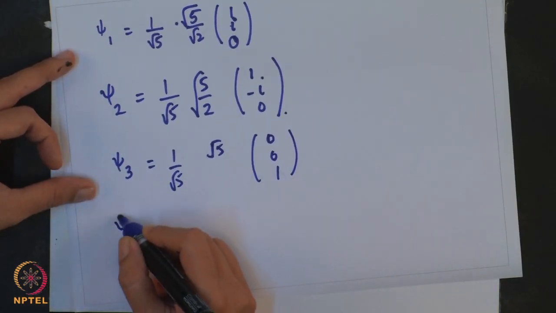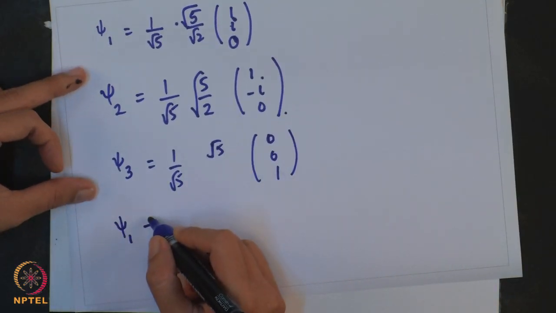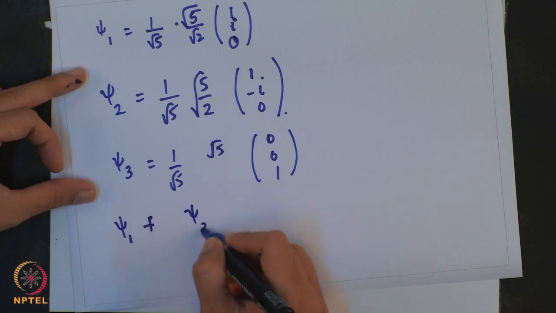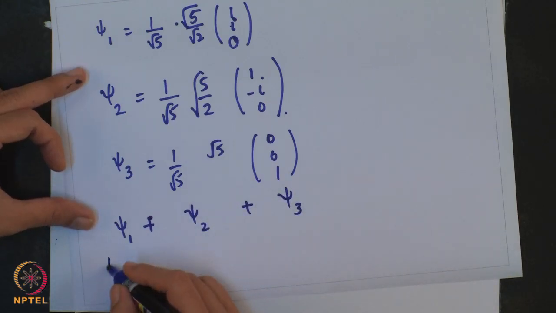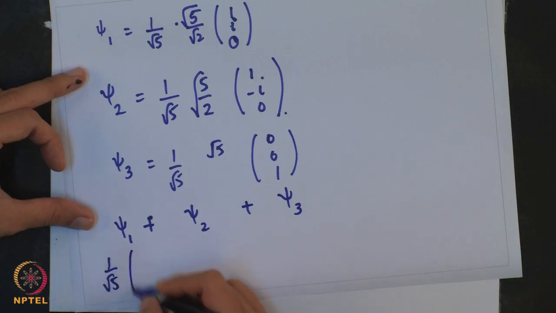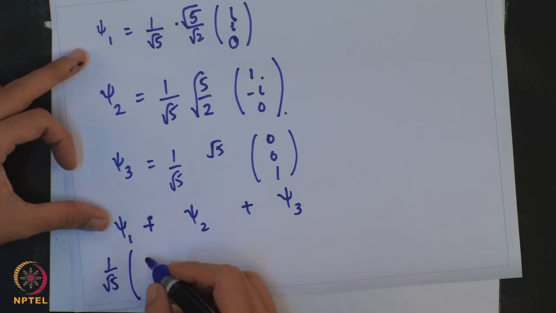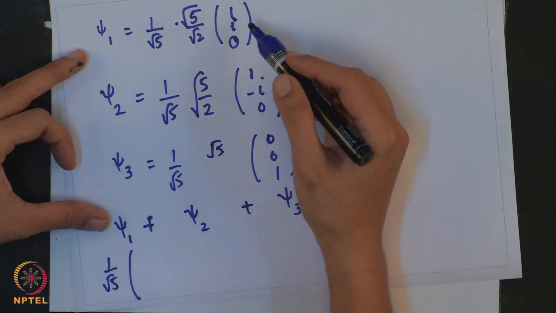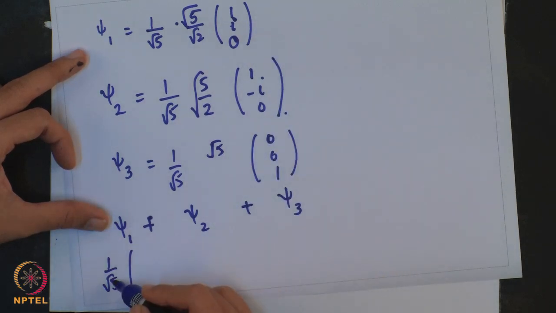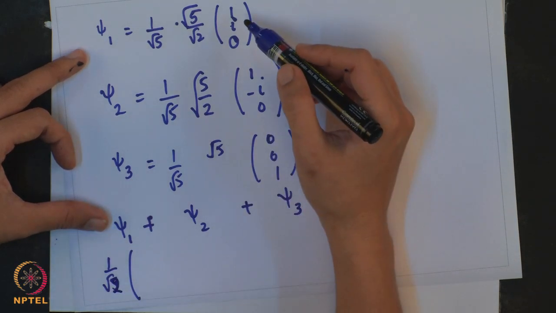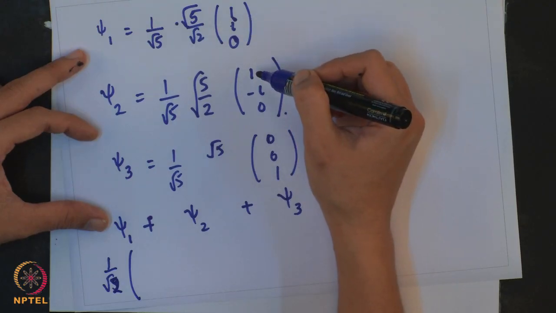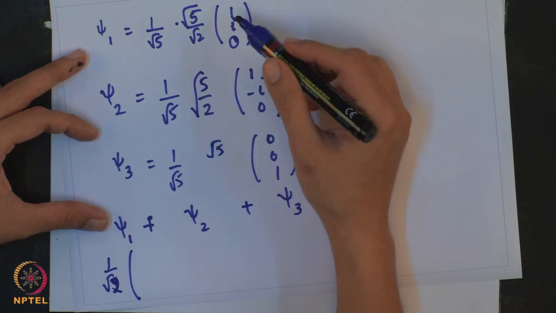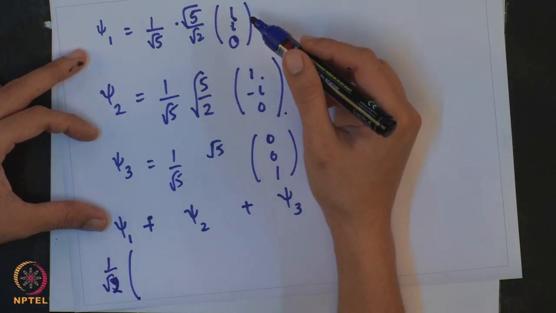Okay. And now when I add psi 1 plus psi 2 plus psi 3, what do I get? 1 by root 5, okay, when I am adding psi 1, psi 2, psi 3, basically this is 1 by root 2 only. I will have here 1 plus 1, I do not want 1 plus 1, I want 1 minus i.